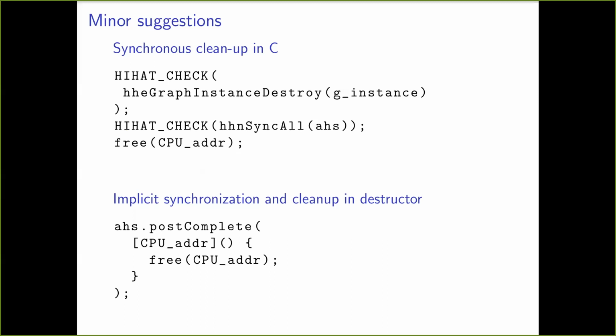This is partially motivated by the example we had, but in general it makes it easier to clean, for example, memory allocated on the host side after the work is done, and to make the interface slightly more asynchronous, so that the user doesn't have to explicitly specify synchronization. It would be safer if the chain of destruction, when something goes out of scope or some large object is deleted, would make all the cleaning happen in the right order. So I think this is something we also want to consider for the interface.